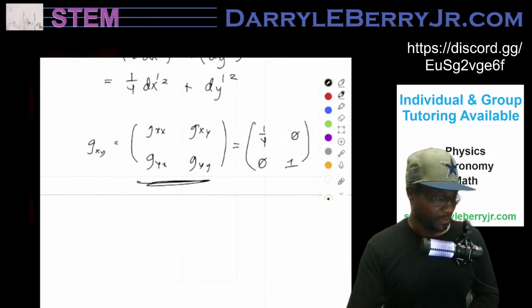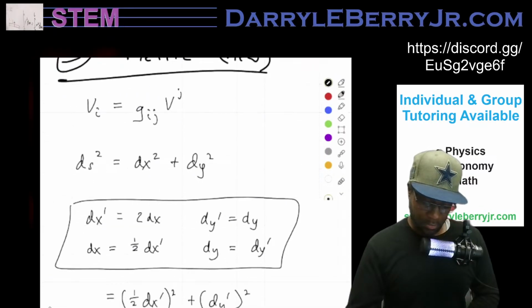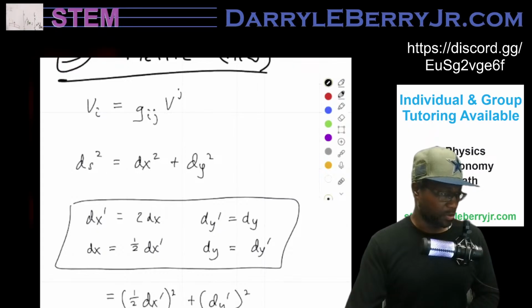Let me make sure I get this vector part in the most direct way. All right, here we go. This way should do it.